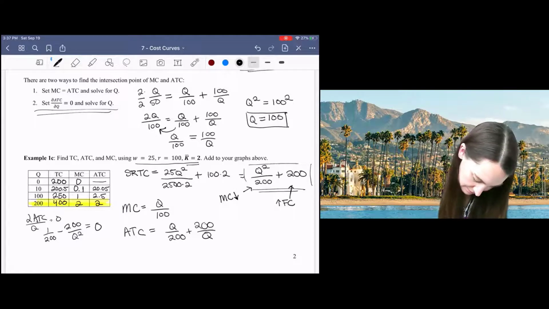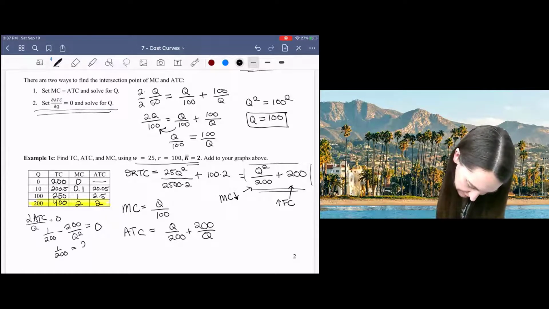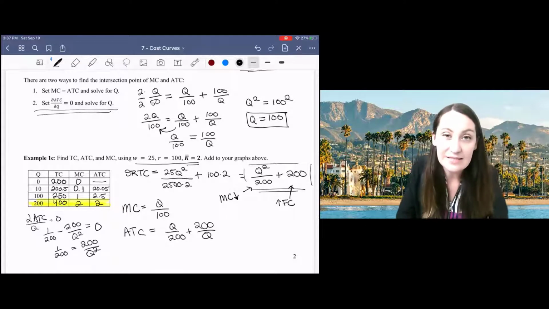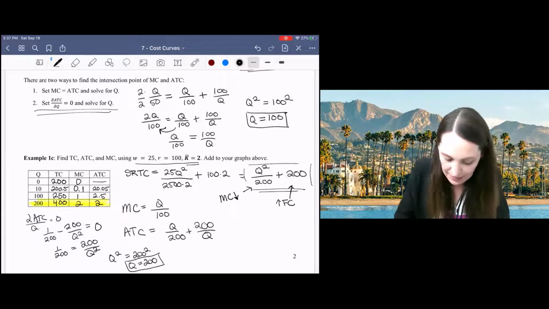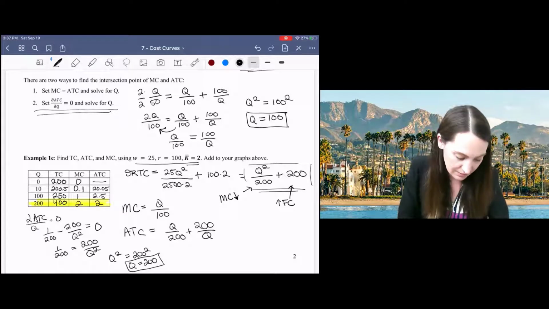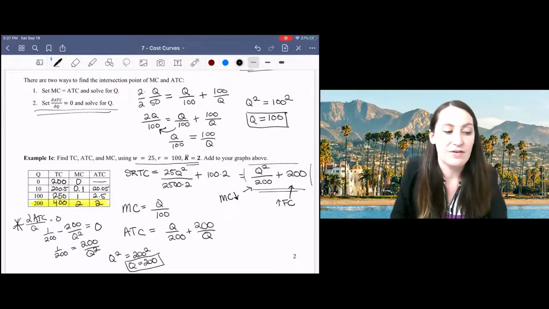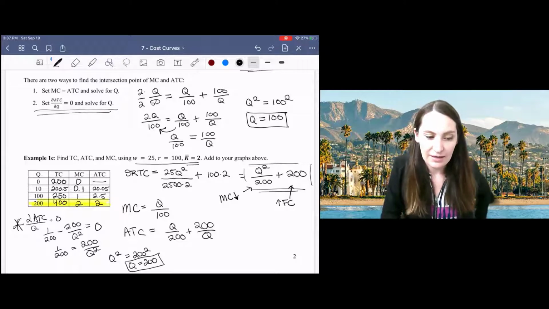Okay, so I'm going to move that term to the other side, and then I've got these two fractions. Again, the easiest thing to do is to cross multiply, so I end up with Q squared equals 200 squared, so Q is going to be 200, which we knew already, but this shows you how to use the method where we take the derivative of average total cost and set it equal to 0.